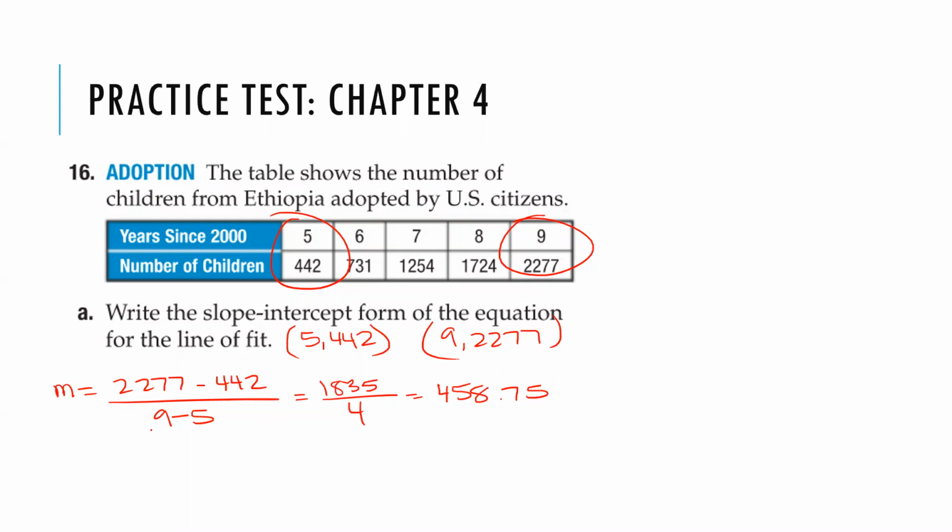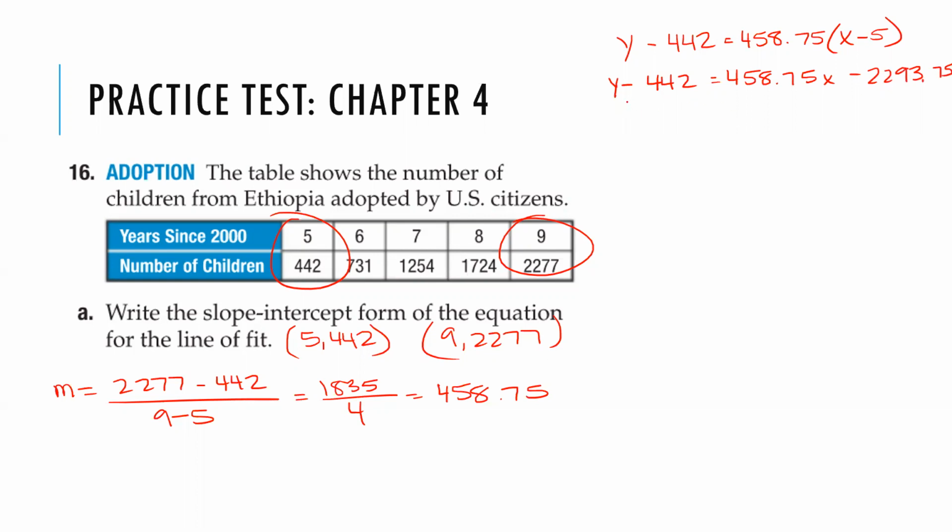Okay, so I'm going to plug that into my point slope form. So my y1, I'm using 442 is equal to 458 and 75/100 times x minus x1, which is 5. So I have y minus 442 is equal to 458 and 75/100 x minus 2,293 and 75/100.